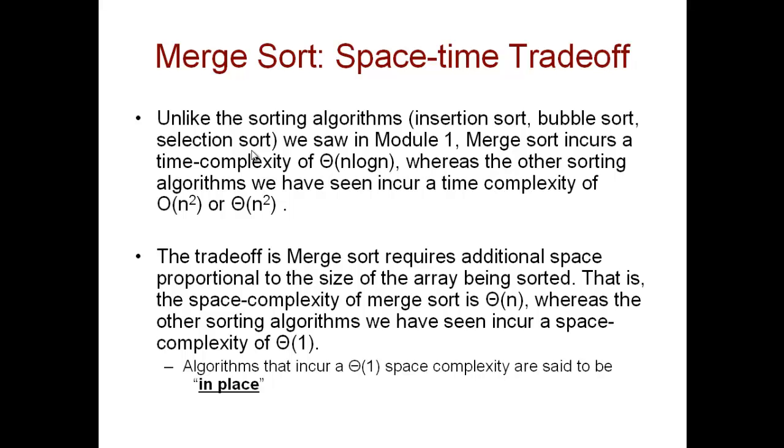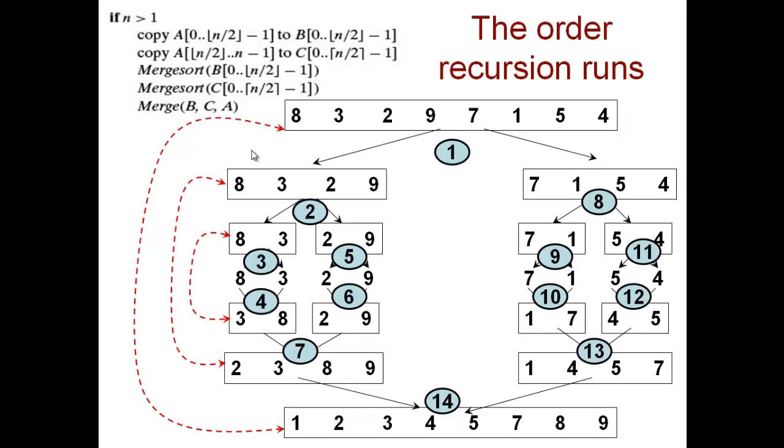Whereas for merge sort, we cannot say it is in place because its memory requirements grow with input size. We are copying the input array A into two subarrays B and C. So if the input array has n elements, you need another n elements of memory space for the two subarrays B and C. Of course, you then go through the sorting process, merge them, and so on, but still it requires n additional elements.